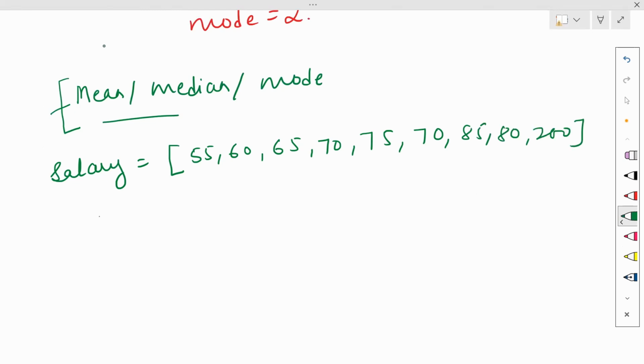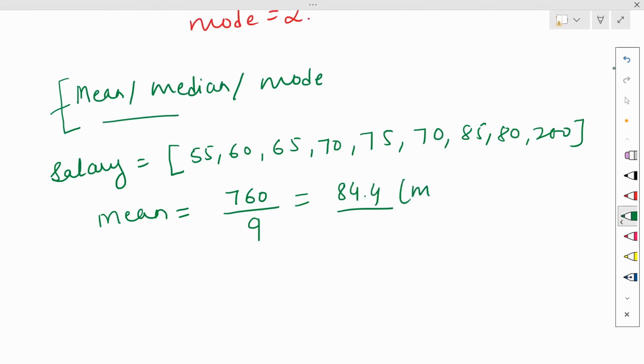In this case, the mean of salaries would be the sum of all these elements, which will be 760, divided by 9, which is the total number of elements in this list. This will be about 84.4.